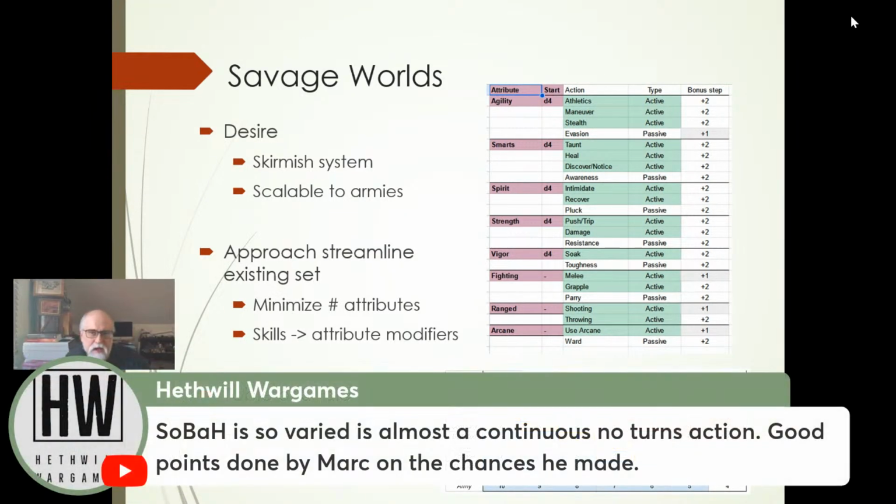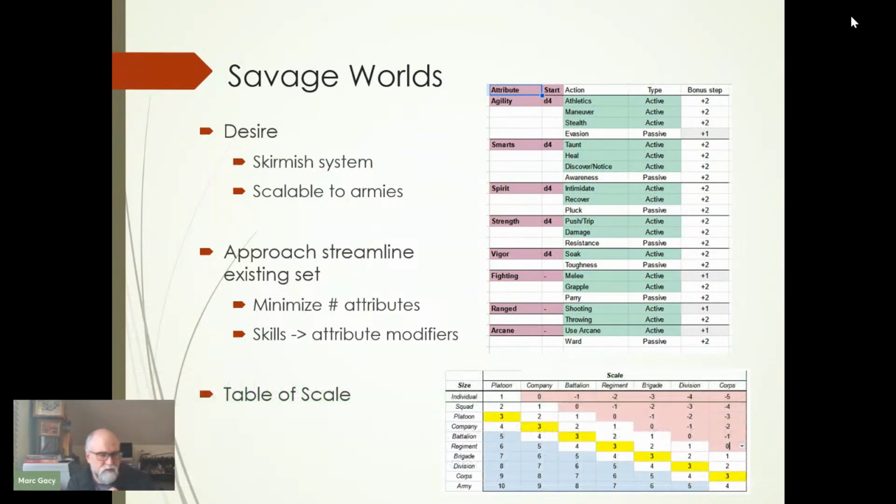So then I was trying to see if I can incorporate a system where I can do different scales. That little table at the bottom right there shows something I'm working on, these are modifiers.